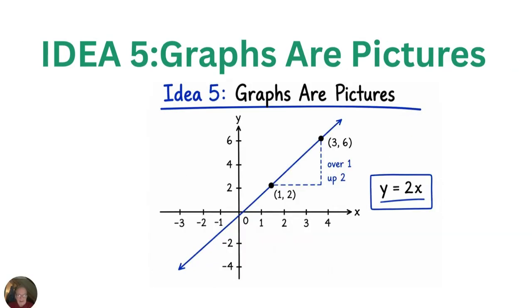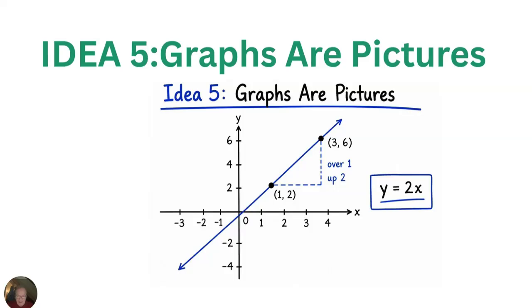Okay, now we're looking at idea 5, which is graphs. And graphs are just pictures. In any math class that you ever take, generally you're going to be dealing with graphs somewhere along the line in that course. We usually start this in Algebra 1. All a graph is, is a picture of input and output. You put a number into the equation, you get an answer.